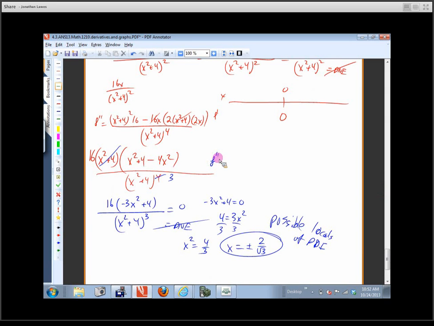So if we kept track of the second derivative, 2 over radical 3 would be on there because the second derivative is 0 there, and negative 2 over radical 3 would be on there because the second derivative is 0. Okay? Which, a little more algebra. If I take a negative out, and a 3 out, I'd be left with x squared minus 4 thirds.